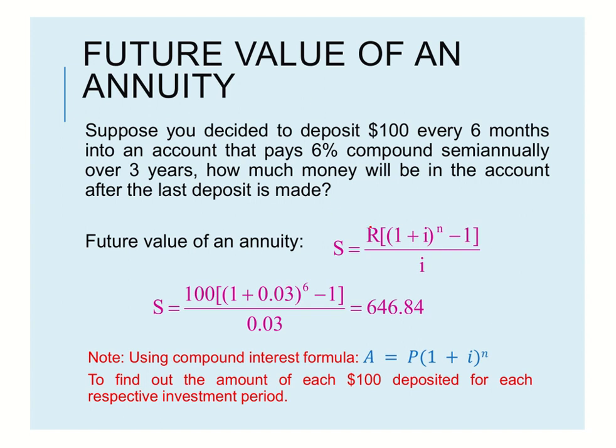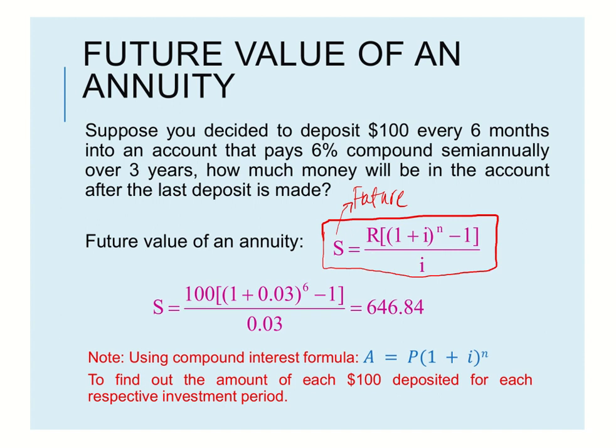Okay, so we take one example to know better about this annuity. This is the formula we are going to learn. The S is the future value of annuity. Remember future value? It means the money we are going to get in the future. So what is the R?